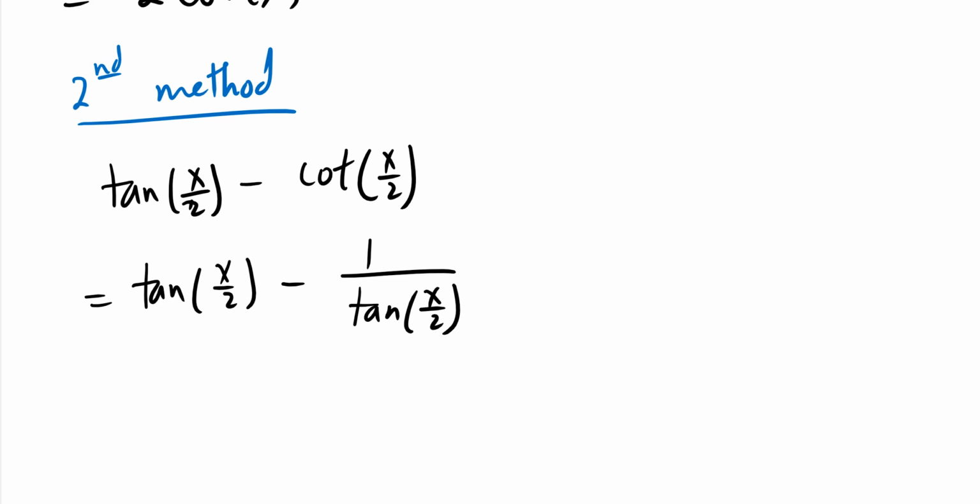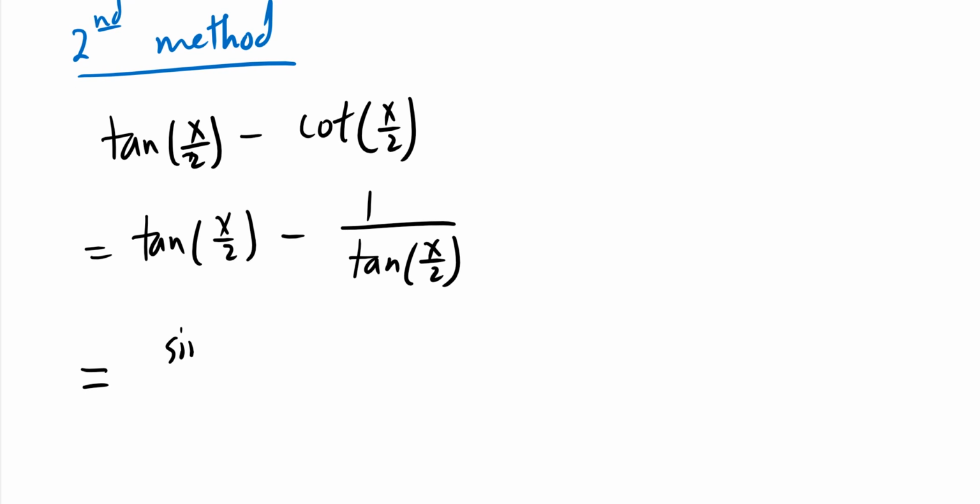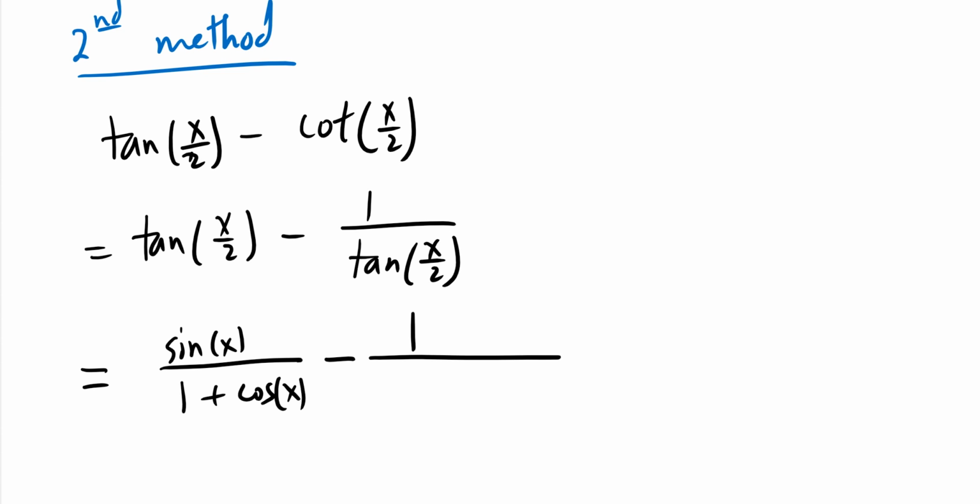So if I don't need to see half angle formulas, I can replace this with the formula that we had earlier, sine x over 1 plus cosine x minus 1 over tangent. You can use the same formula, or you can use the other formula, 1 minus cosine x over sine x.